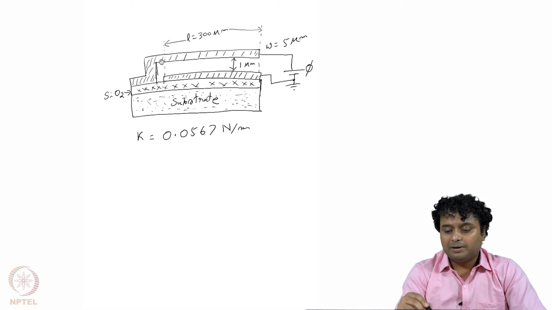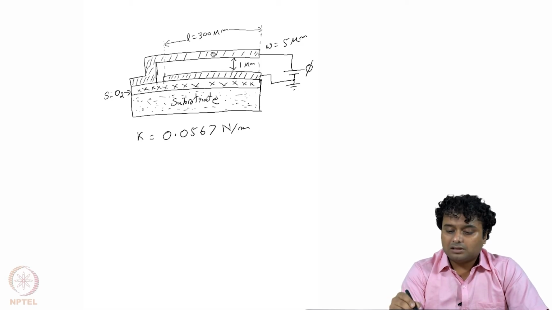Now this cantilever beam is like the metal electrode, like the plate A which we discussed earlier, the top plate, and at the bottom also there is an electrode, which is also let us say made of silicon or polysilicon, and then metal deposited on that.